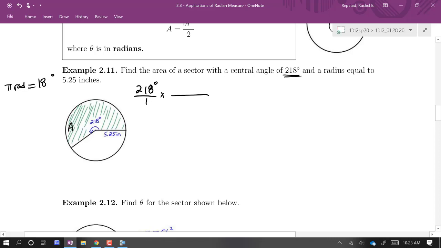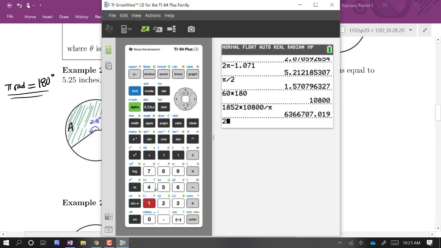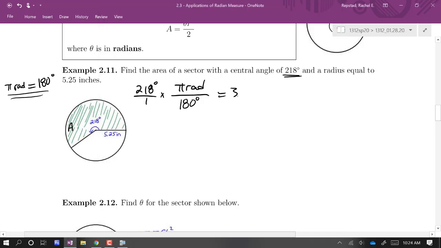And the reason I'm asking it that way is because it's not always clear which one has to go on top. I want to make sure we understand that these are equal, and that's how I know that 180 goes on the bottom and the radians go on top. So 218 times pi divided by 180 is 3.805 radians.